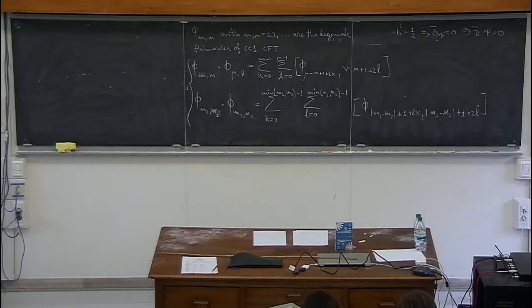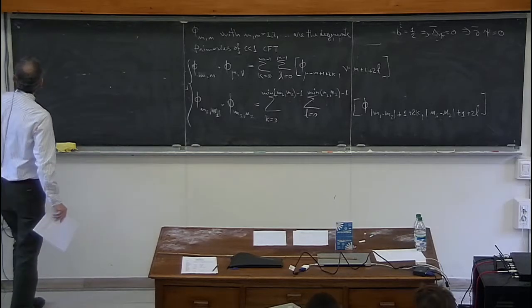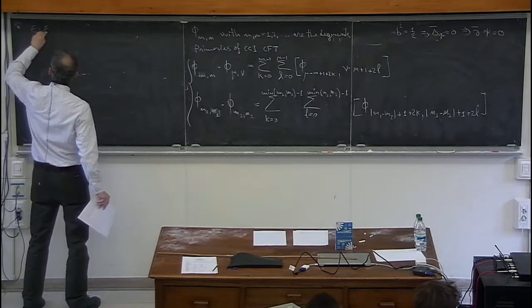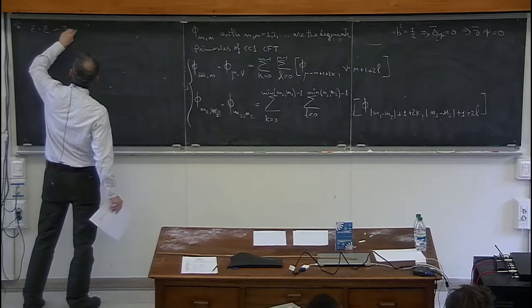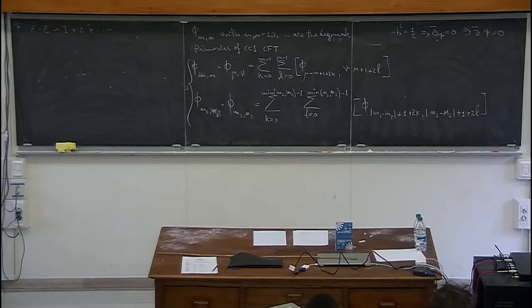And so in its OPE, you expect something like identity plus epsilon plus fields with higher dimensions.